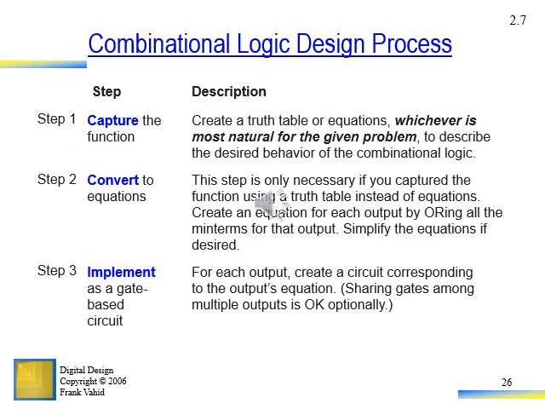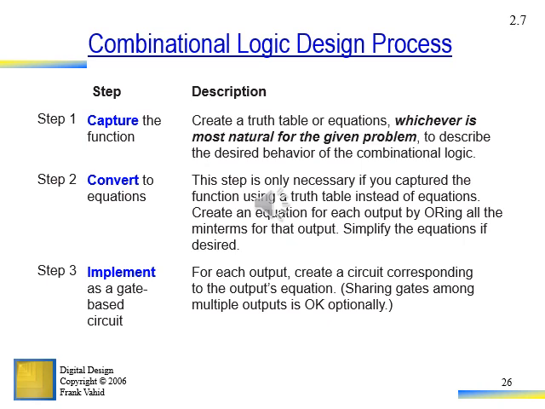Let's study the combination logic design process. We can divide the combination logic design process into three steps. Number one is capturing the function. You can capture the function either through the truth table or from the equation. If you have captured the function through the truth table, then in step 2 you have to convert it into the equation.